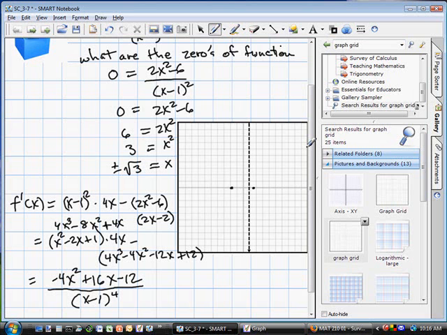Talk about pure luck. Here's what I should have had in the denominator. Now, when you set that equal to 0, what's going to happen? You multiply both sides by the denominator, and you actually get what I had here, which is 0 equals the numerator. So I'm not going to write that down again unless you want me to.